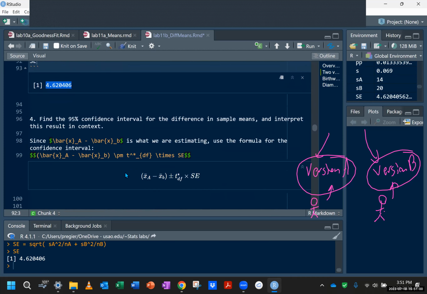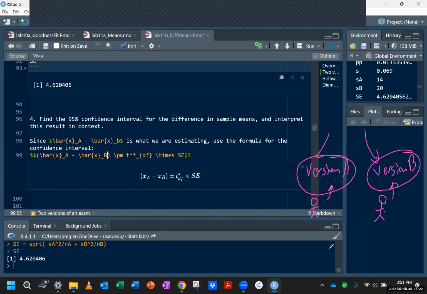So now we can use that to find our 95% confidence interval. Our formula for this is our point estimate, XA minus XB, the difference of the means, plus or minus t star times SE.